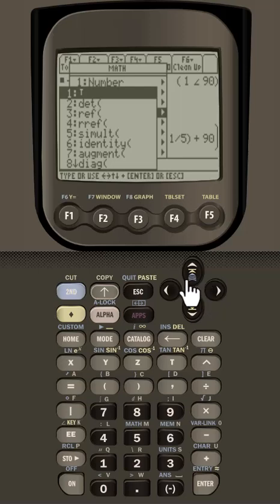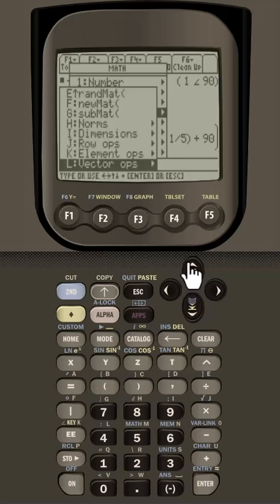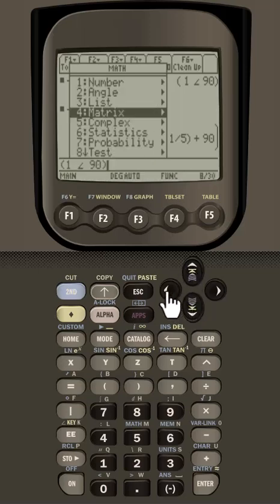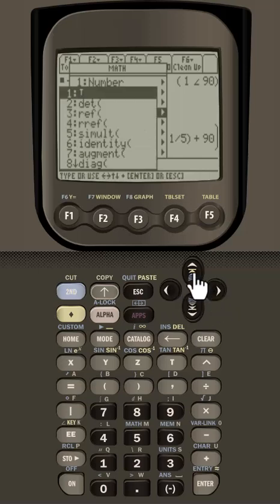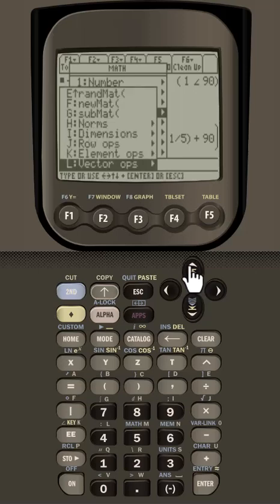And then in matrix you go all the way down until you get to vector operations. That's at L. You'll notice that it was quicker for me when I went to matrix, so matrix was 4, it was quicker for me to go up than to actually go all the way down to vector operations.